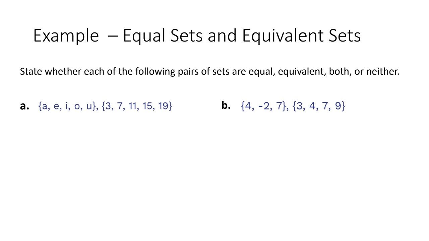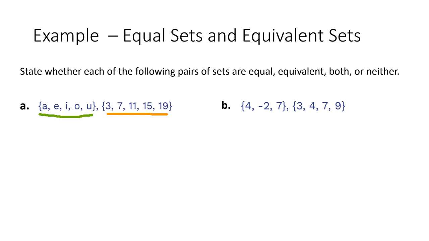State whether each of the following pairs of sets are equal, equivalent, both, or neither. Here we have one set. They want to know, is this set equivalent, equal, both, or neither to this set? Let's look at the first, are they equal?